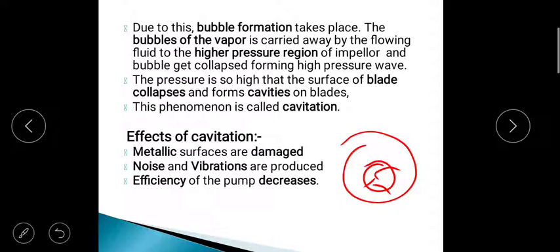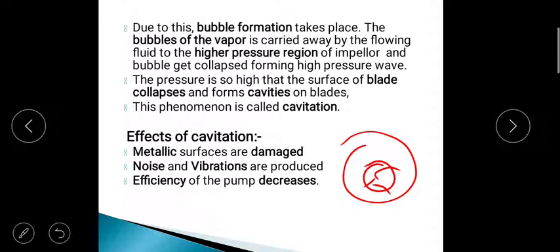So the water will be sucked in through the eye of the impeller, it will come inside it, and along with that the bubbles will also come inside. So these bubbles will start bursting because of the high pressure zone in the impeller. Because of this bursting, there is the chance of collapsing of the bubbles with high pressure.